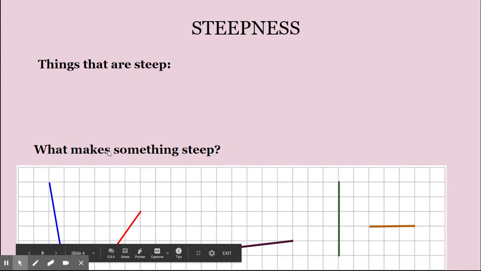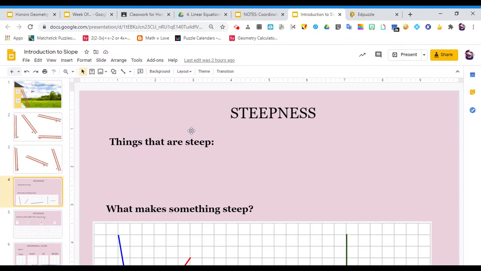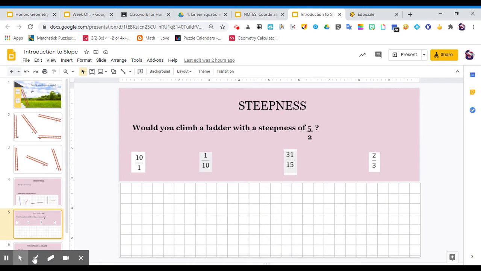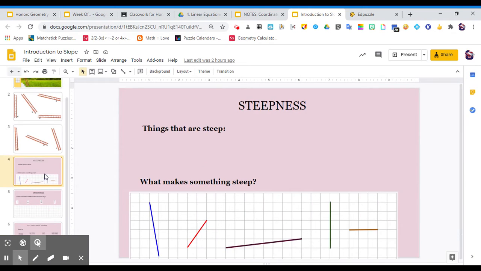So what makes something steep? Well, I think everybody pretty much agreed that some of these are definitely steep.